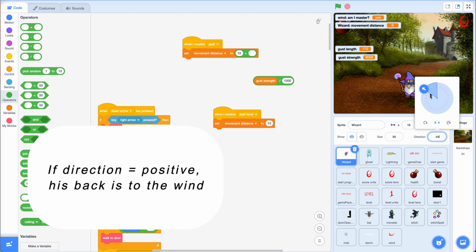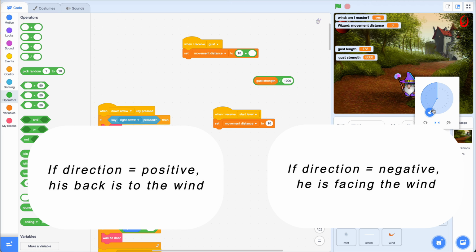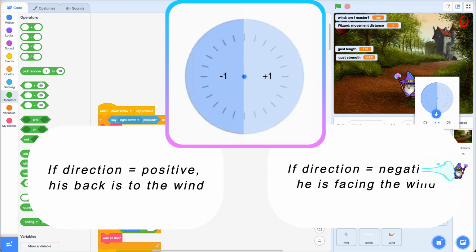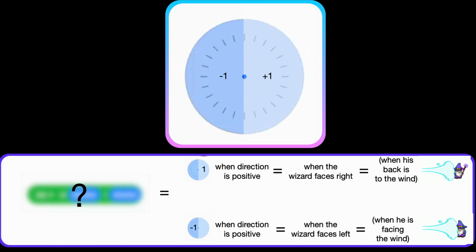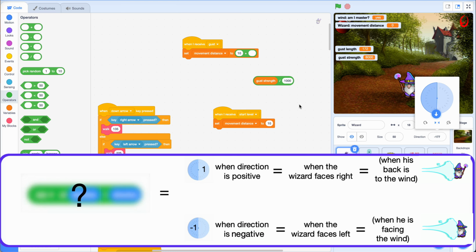If it's negative, then he's facing to the left and the wind is going to subtract from his movement. Instead of using the whole directional number, I want to find something that reduces it down to a simple switch that is 1 when the direction number is positive and -1 when it's not. So that means it's 1 when the wizard's facing right, which means his back is to the wind, and it's -1 when the wizard faces left, which means he's facing up to the wind. So I just need to find the value of this.